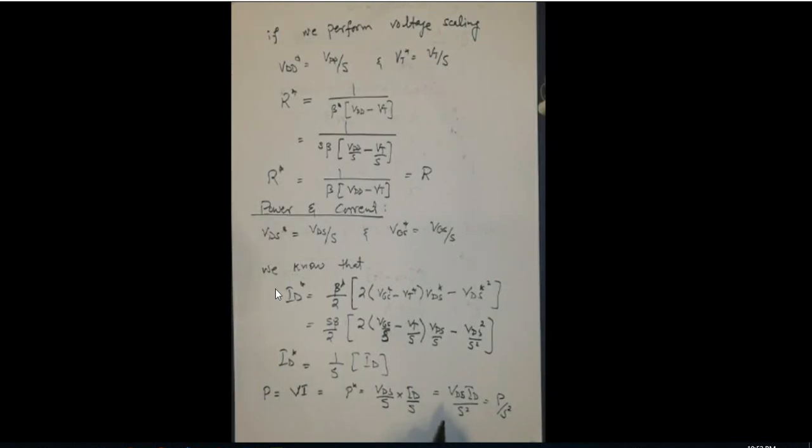So we can say that this is a motivating factor to reduce the voltage as we reduce the device size. Whenever we are converting our devices to smaller sizes, this shows that we have to reduce our voltage as well.